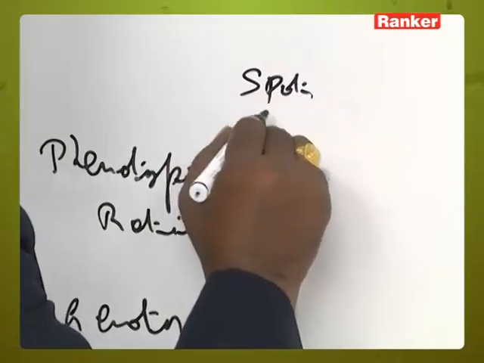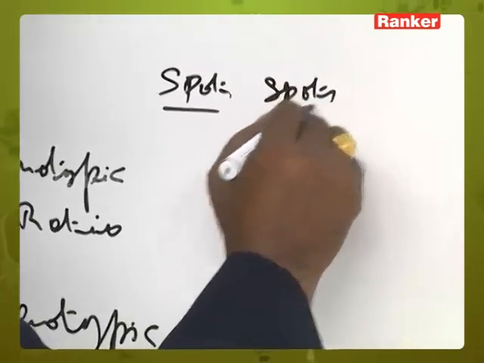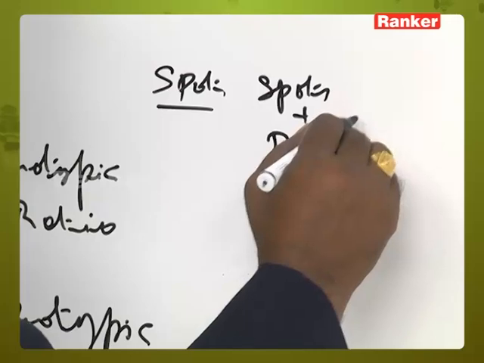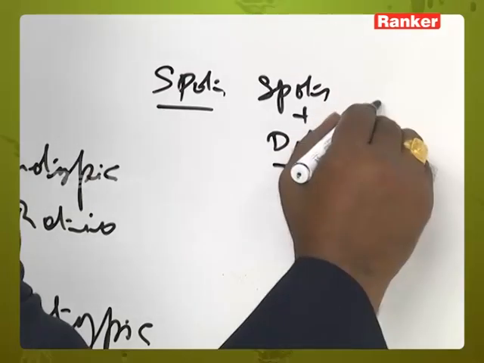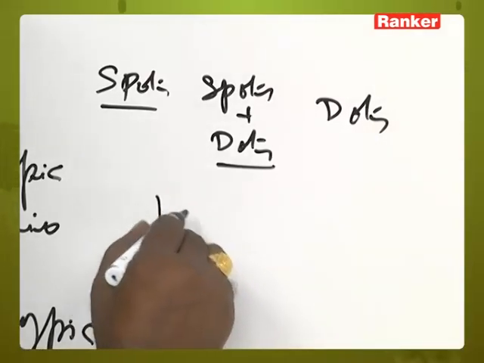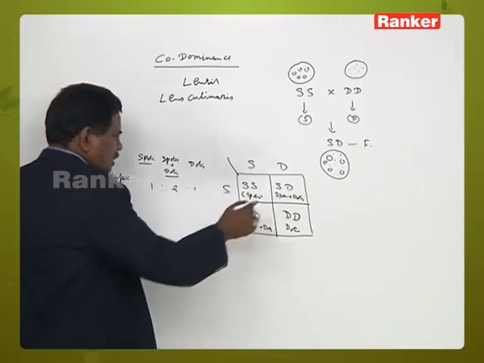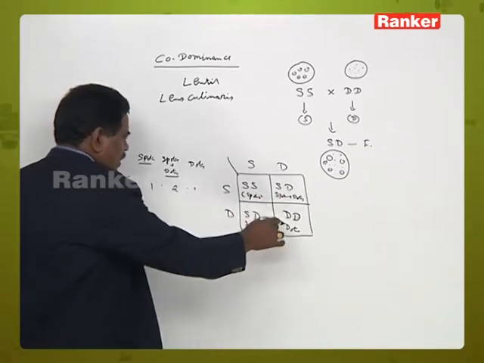Spots, spots plus dots, dots: 1 is to 2 is to 1. 1 spot, 2 spot plus dot, only 1 dot.